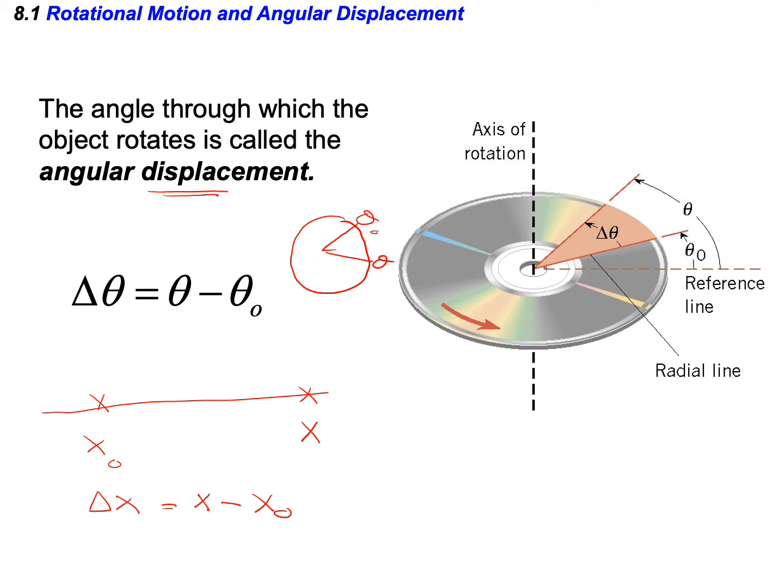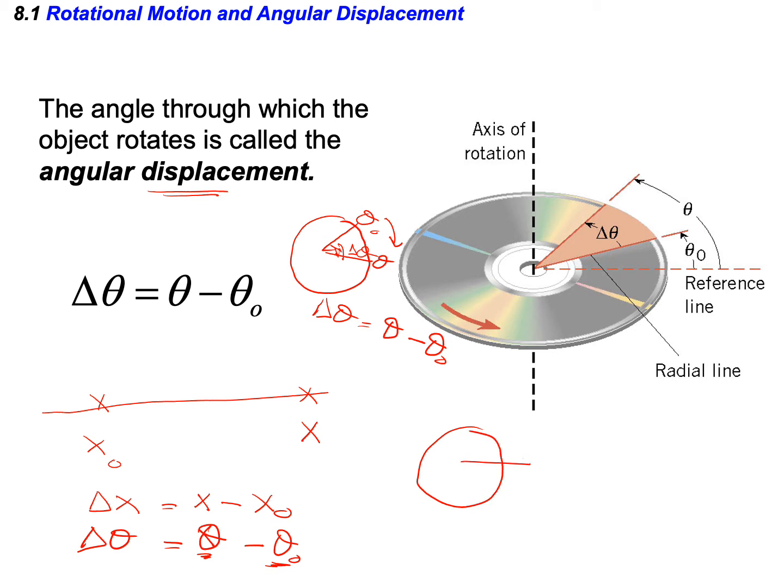If it is rotating this way, this angle is delta theta, which is equal to final angle minus initial angle. Very similar to this equation.